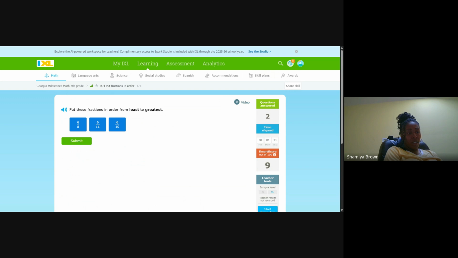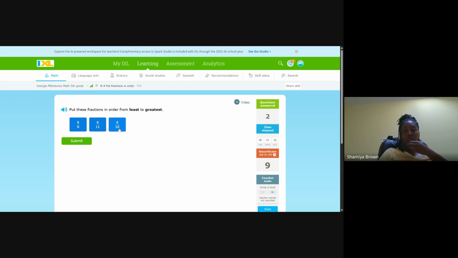All right. Next one. Put these in order from least to greatest. So the least, the smallest, they're all the same numerator. So the smallest fraction is going to be the one with the biggest piece. The smallest piece, sorry.